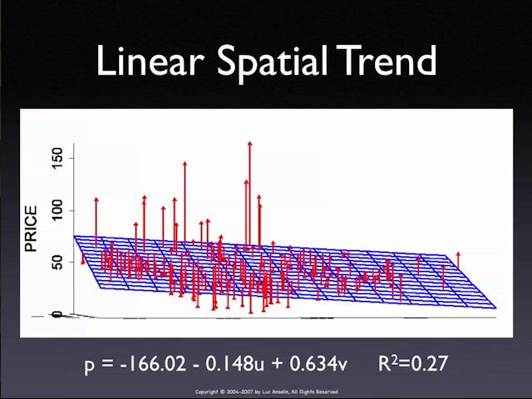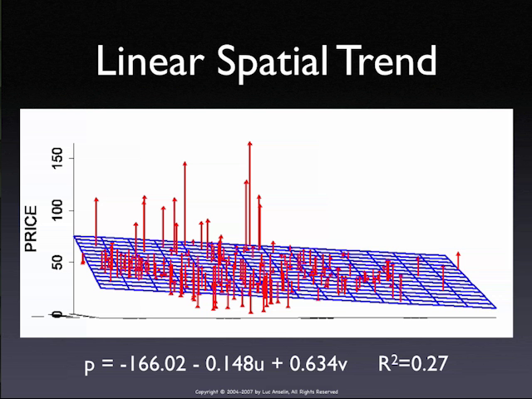In this example, it's the Baltimore house price data set. And so by fitting this linear plane through the prices, so to speak, we can see that the prices go up from south to north and go down from west to east. And that's a very simple summary of the information in the data.